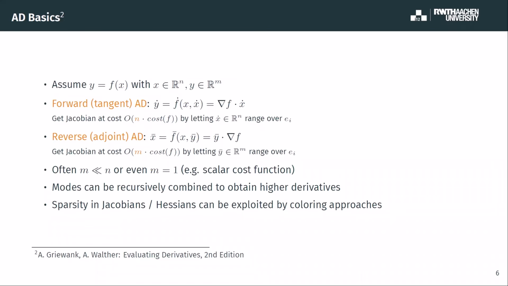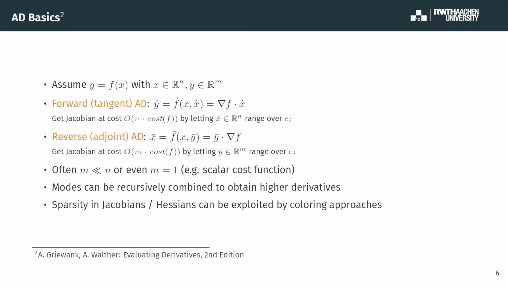It's basically like finite differences, or like the complex step method we saw already yesterday. The other part is reverse mode AD, adjoint AD. Machine learning folks would call it backprop, where you also get a multiplication of the Jacobian, but with a vector of the output space dimension. So you can get the full Jacobian at cost m times cost of f, which is great.